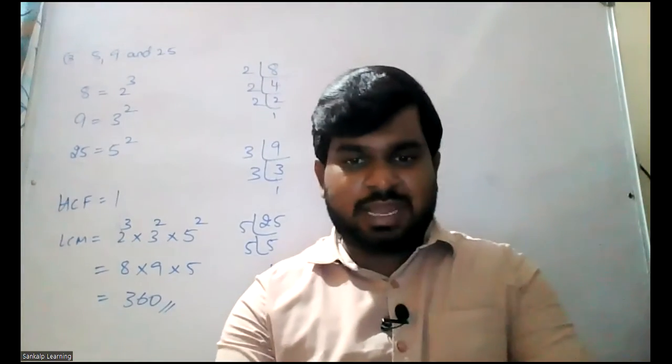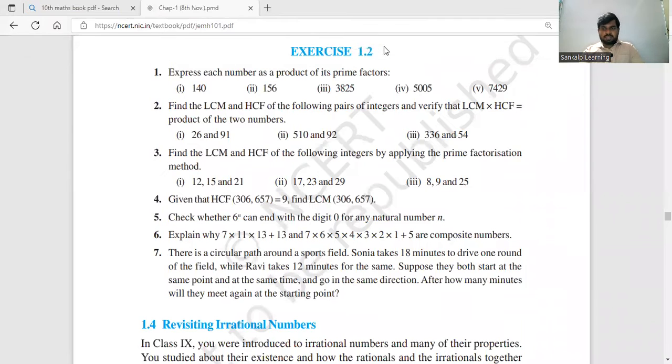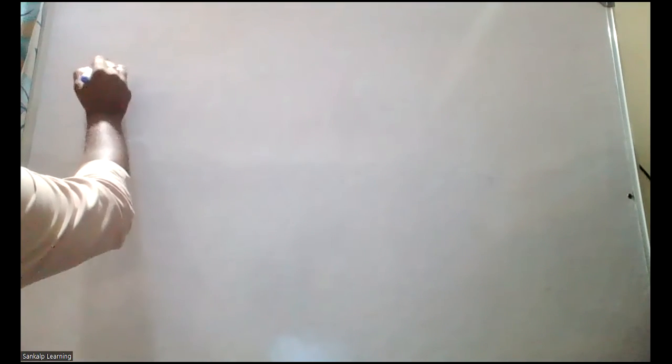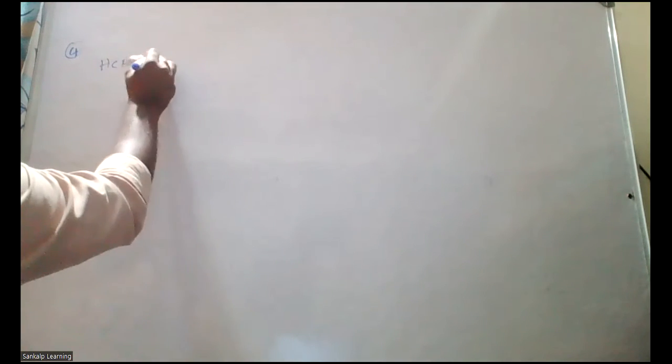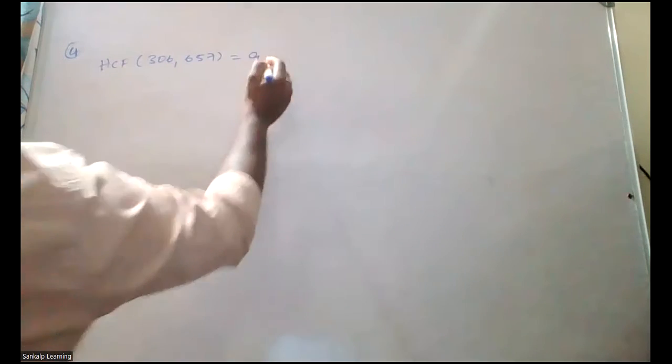So let's get into the next one. Fourth question. Given that the HCF of 306 and 657 is 9, find the LCM of 306 and 657. What they've given us is that the HCF of 306, 657 is 9.